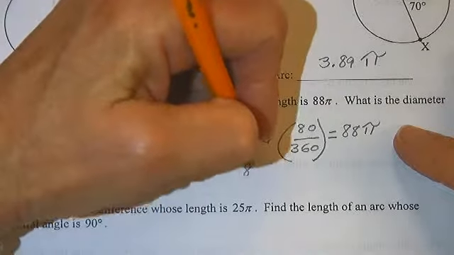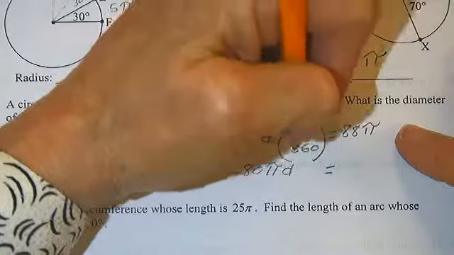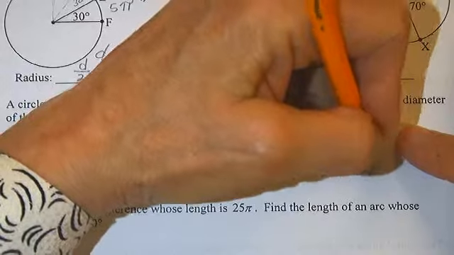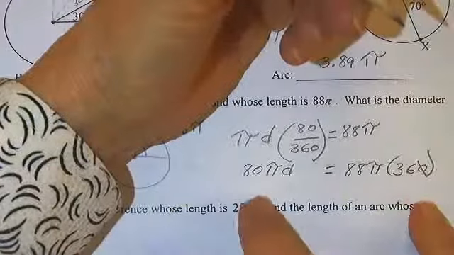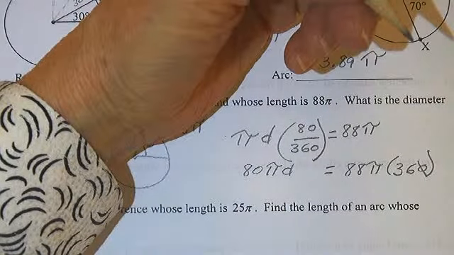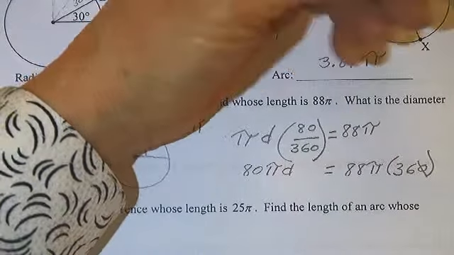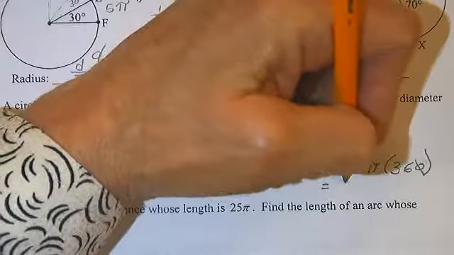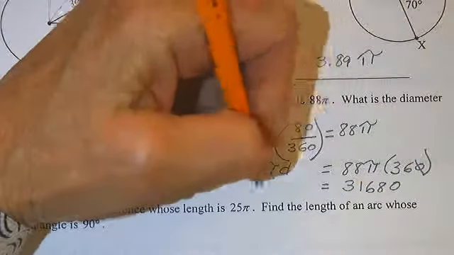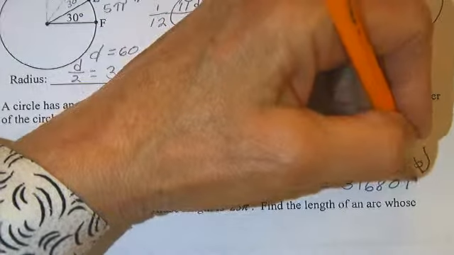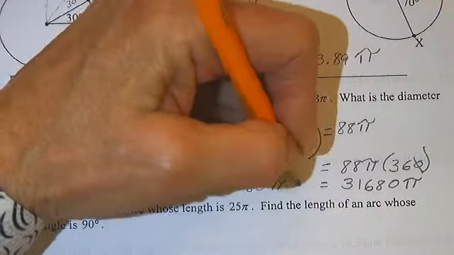That is going to give me 80 times pi times the diameter is equal to 88 pi times 360. 88 times 360 is equal to 31,680 times pi is 80 times pi times the diameter.